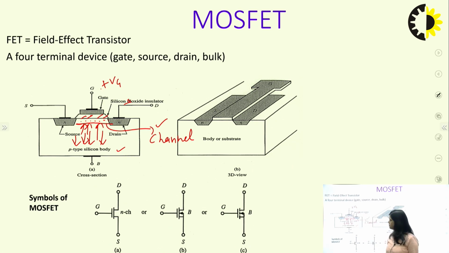If we apply the drain voltage over there, this drain voltage is used to attract the electrons from source end to the drain end, and the flow of current is like this: drain terminal to source terminal, opposite of the direction of electrons.